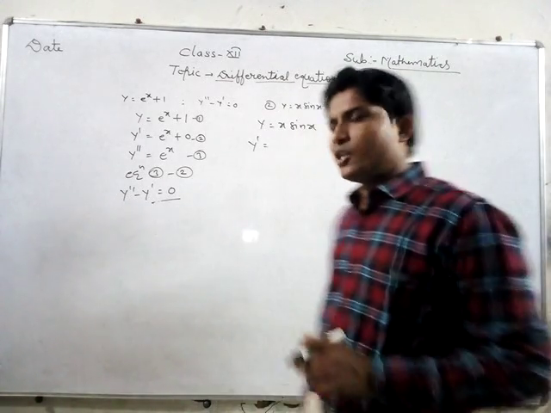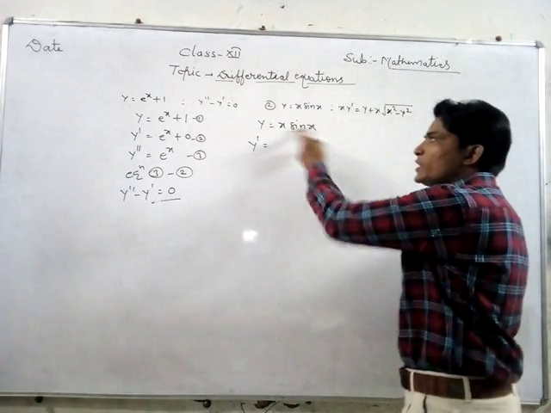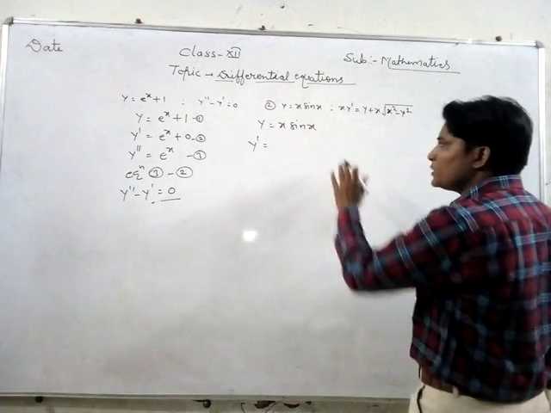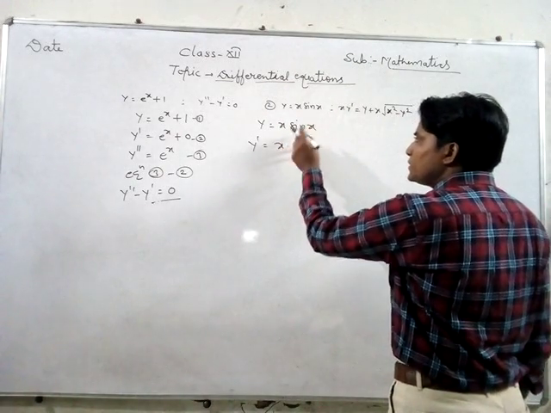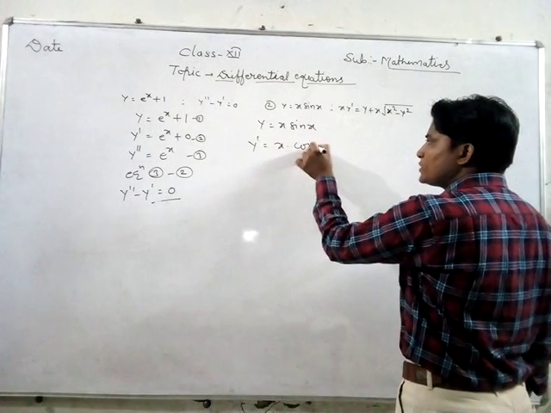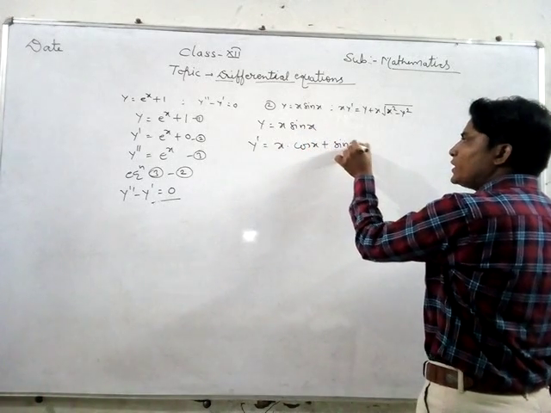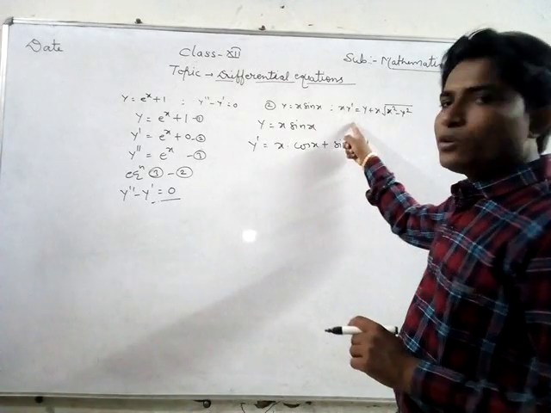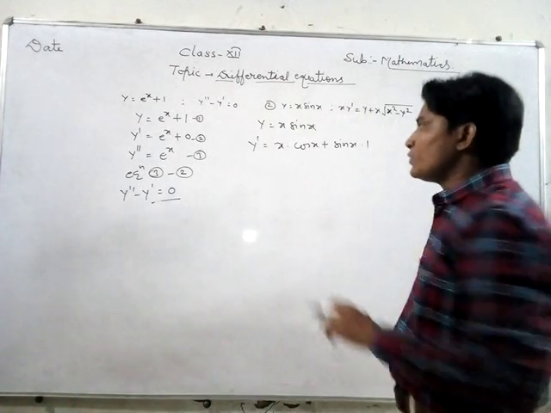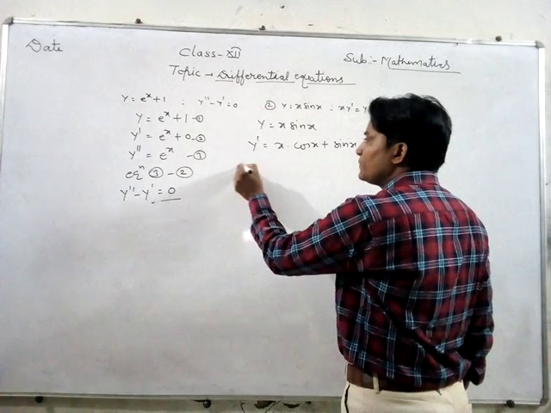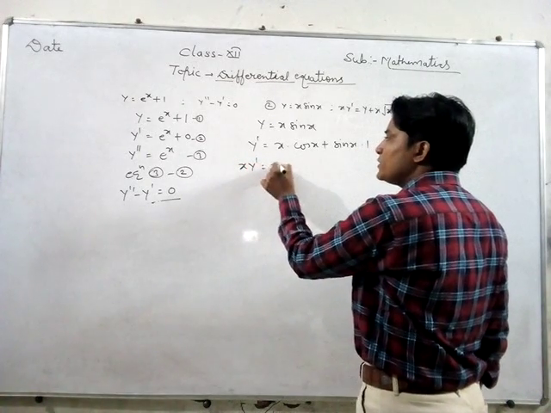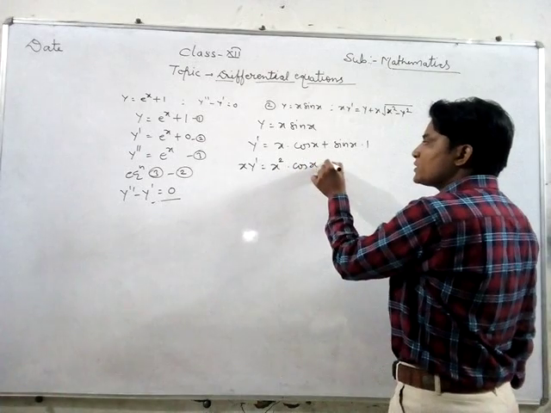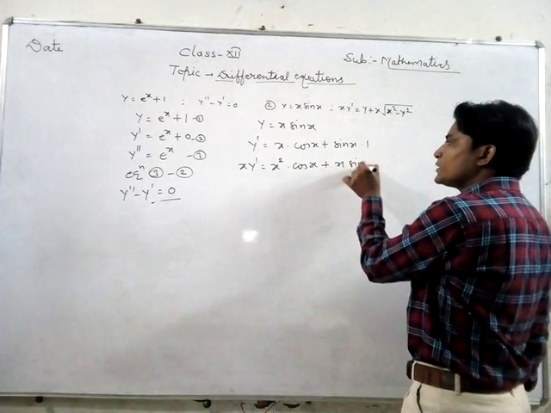Here x sin x is a product function, so using the product rule, x as it is and the differentiation of sin x is cos x, plus sin x as it is and the differentiation of x equals 1. Because in the solution x y dash appears, we multiply both sides by x. So we get x y dash is equal to x square cos x plus x sin x.